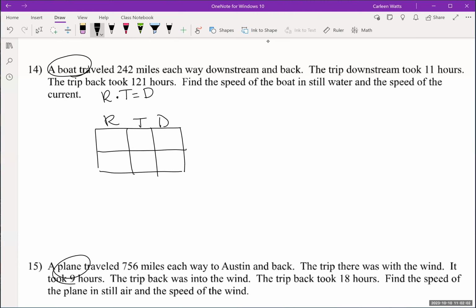Rate, time, distance. So we have downstream and upstream. It goes downstream and then it goes upstream. The distance is 242 both ways.